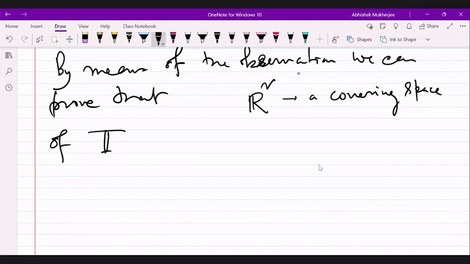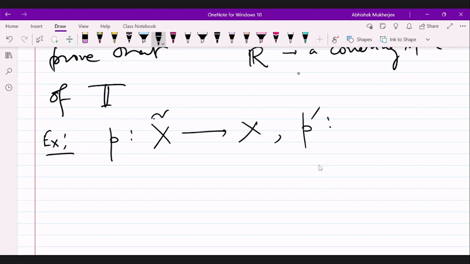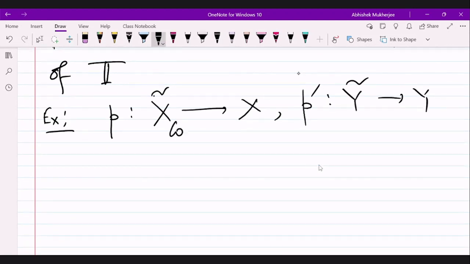So in order to prove this one, you need to prove an exercise. That is, if you have two covering maps, suppose one is from x tilde to x, another one is from y tilde to y, covering maps.